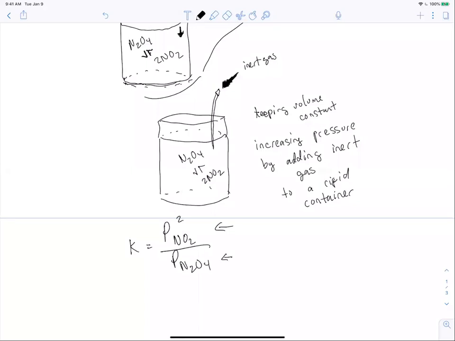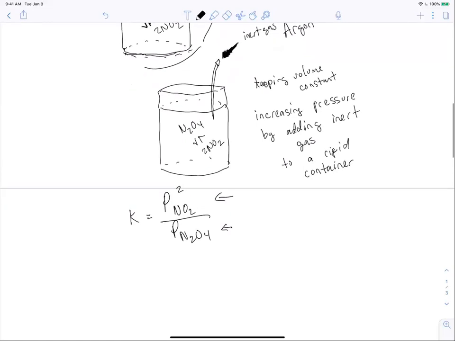And this caused the values of the concentrations to change so that they could stay equal to K. But if I just increase the partial pressure of another gas inside of there, let's say I'm adding in argon gas, which is completely inert, nothing happens to the partial pressures of NO2 and N2O4.